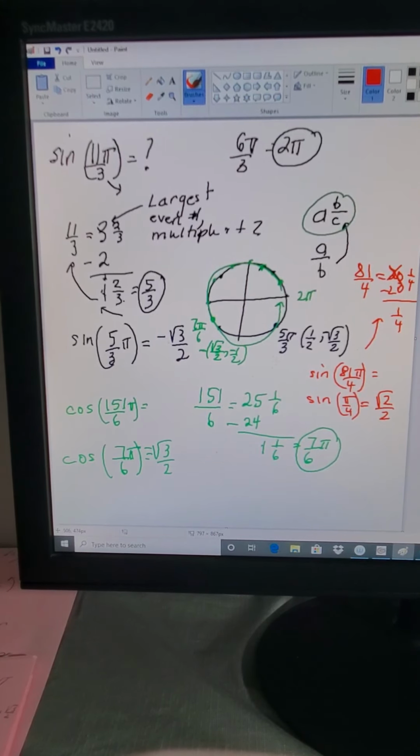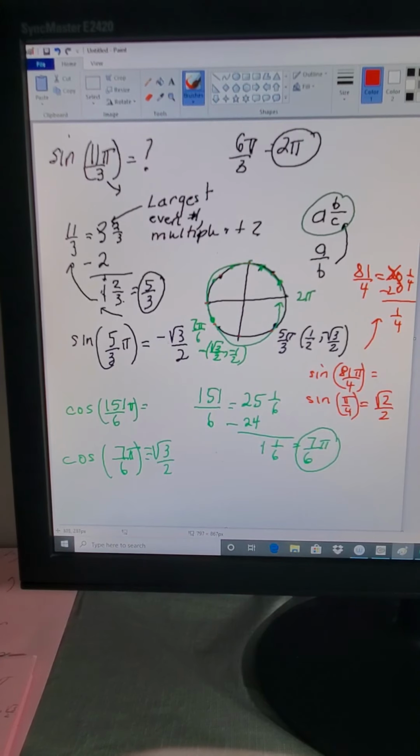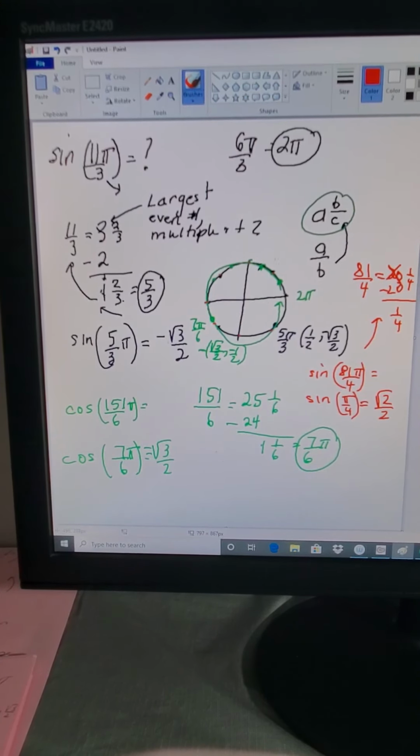Let me show you quickly: if you were to count 1/4, 2/4, 3/4, 4/4, 5, 6, 7, 8, 9, 10, 11, 12, and going on and on, 81 pi over 4 would actually bring you to pi over 4.